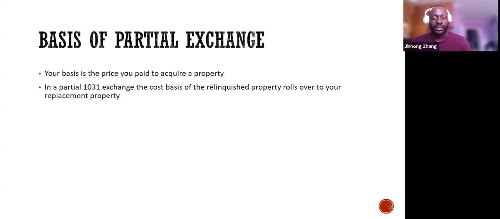The cost basis of the property you're selling rolls over to your replacement property. So if you have a property and you purchase a new property, the basis of your original property will then roll over to the basis of the second property.